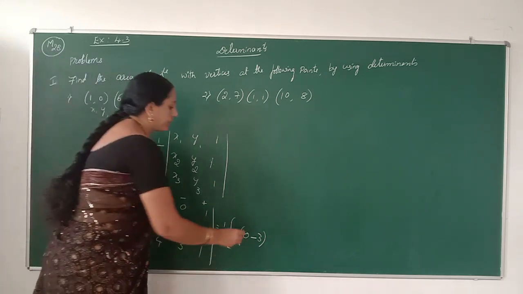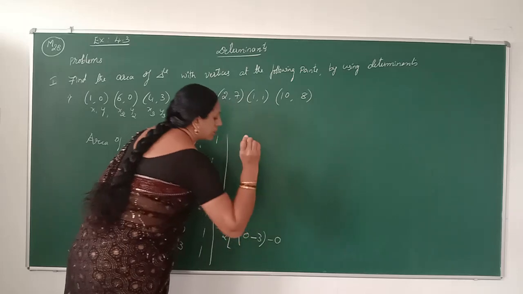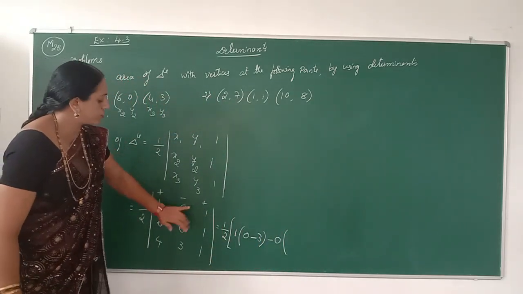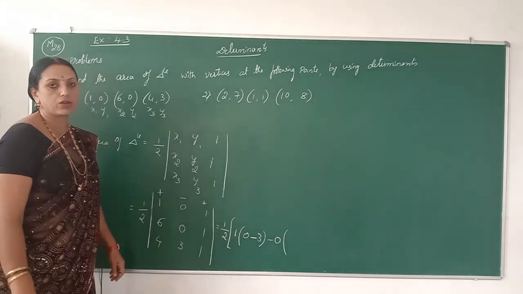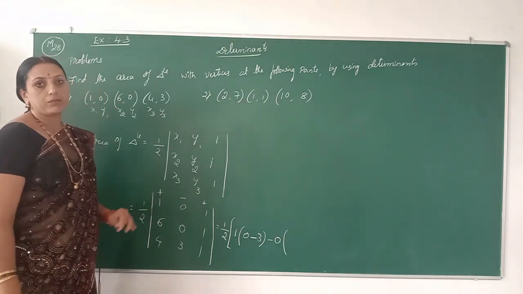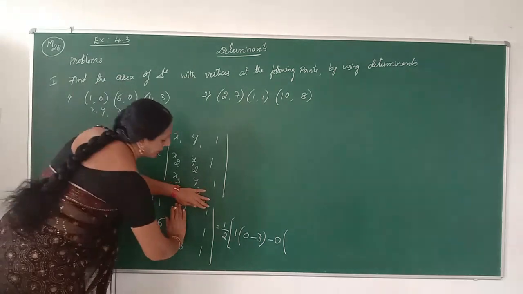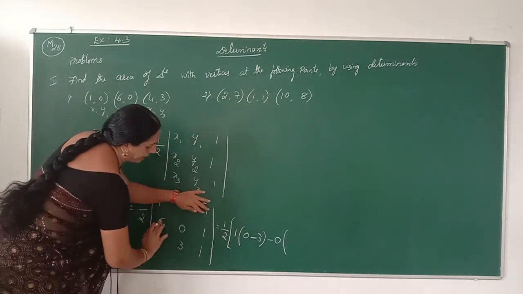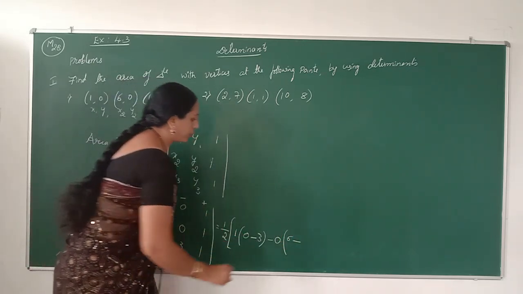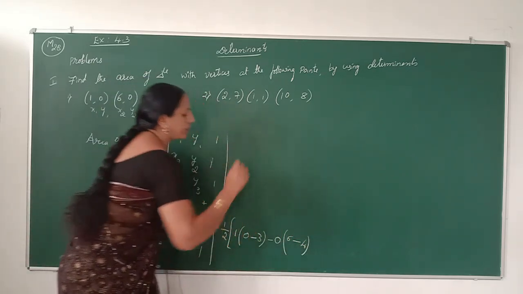Now the second element is 0. 0 is an element of the first row, second column, so these elements are neglected and the remaining are cross multiplied: 6 into 1 is 6, minus 4 into 1 is 4.